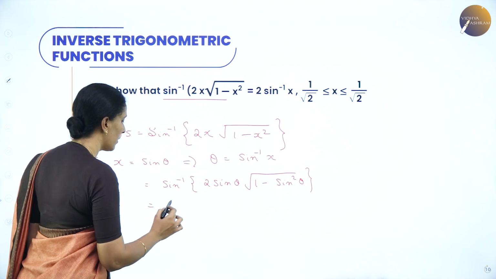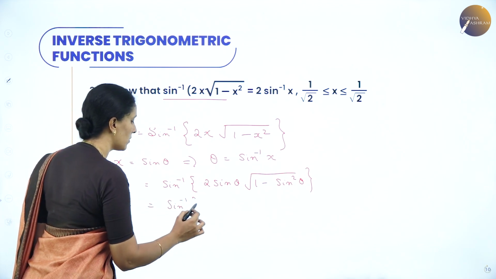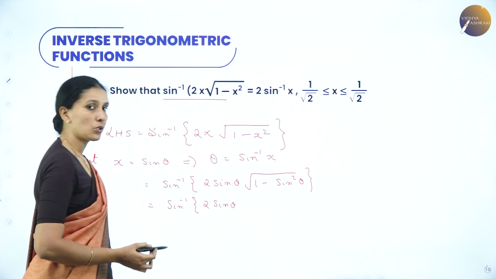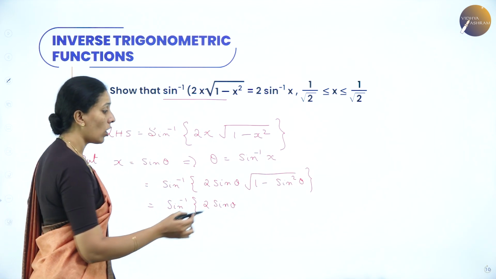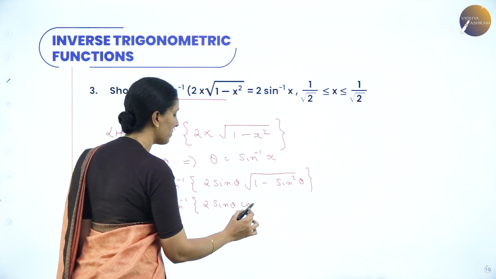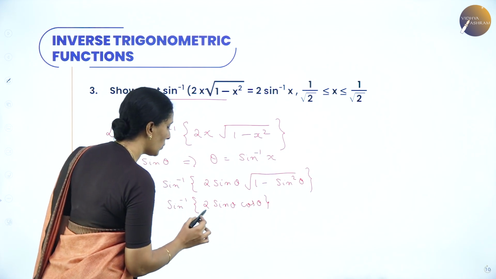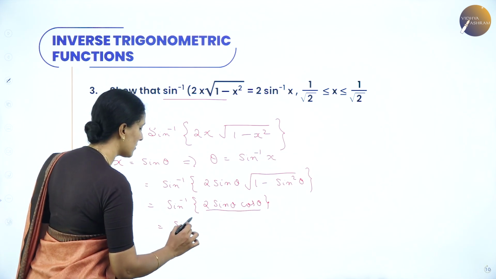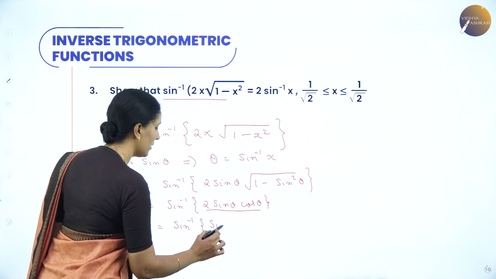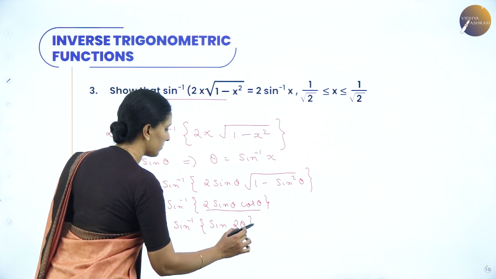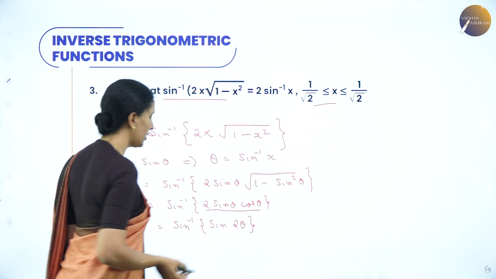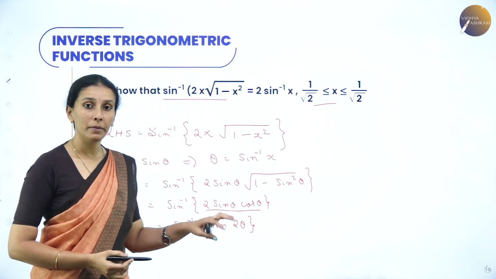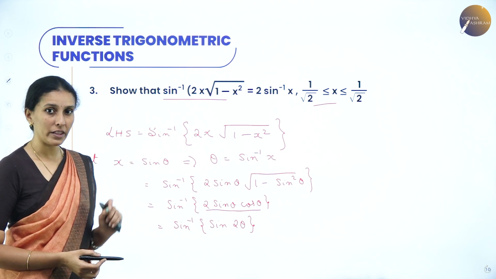Now, here we have sine inverse 2 sine theta. 1 minus sine square theta is cos square. Cos square under the square root will become cos. This 2 sine theta cos theta is a multiple angle formula, which is sine 2 theta. Now, under the given condition here, we know that sine inverse of sine theta can be written as theta if theta lies between the given range.